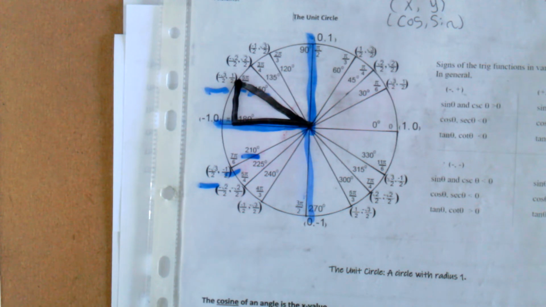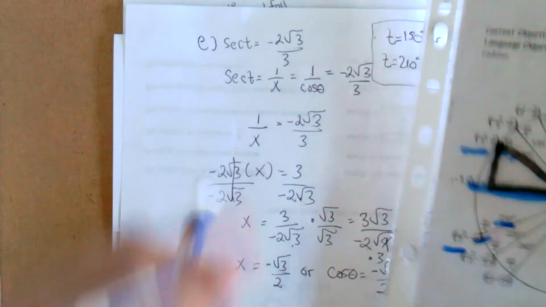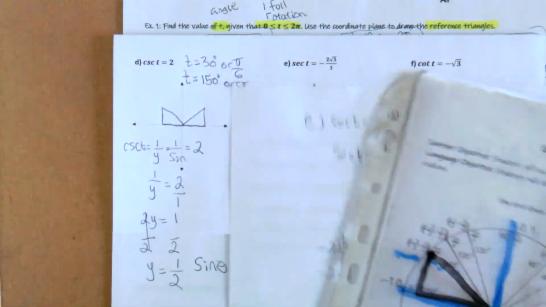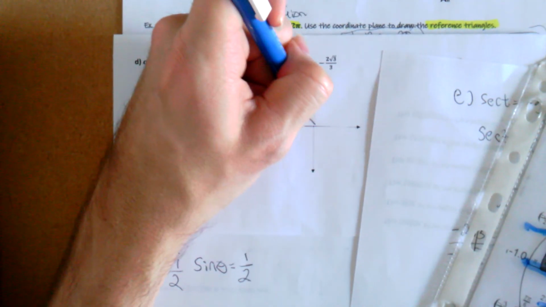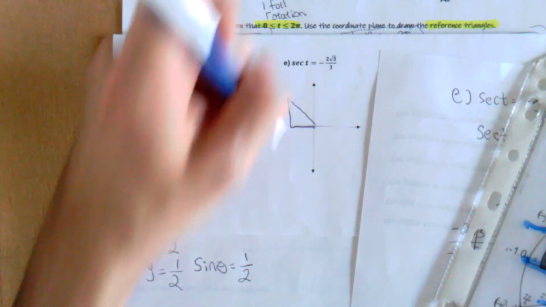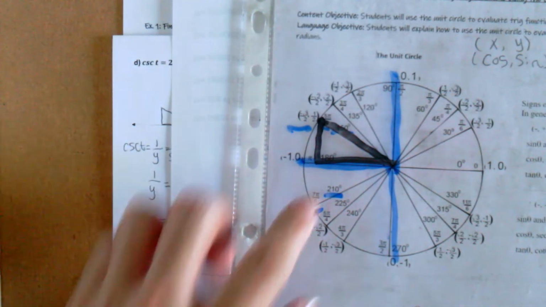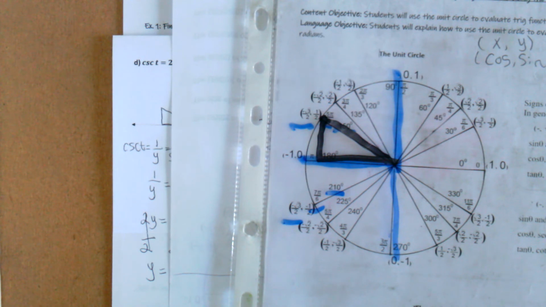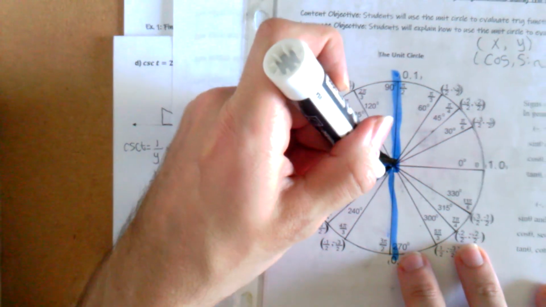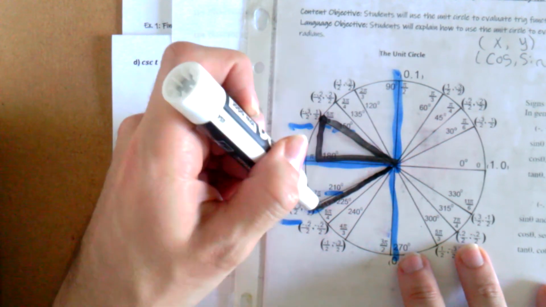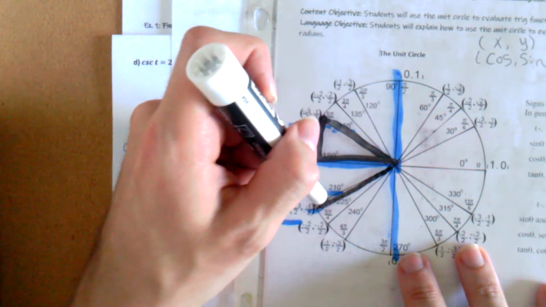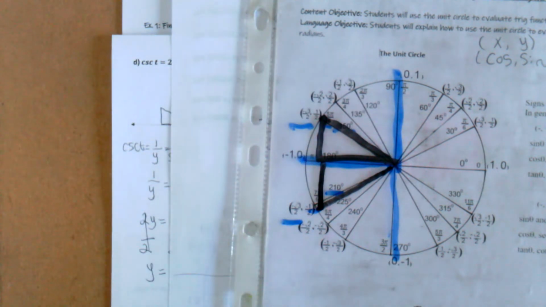Let's draw that on page 42. There we go. Then for our second reference triangle for 210 degrees, we connect the terminal side for 210 to the initial side, or the x-axis, and there's our second reference triangle.